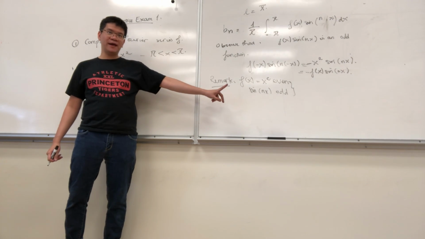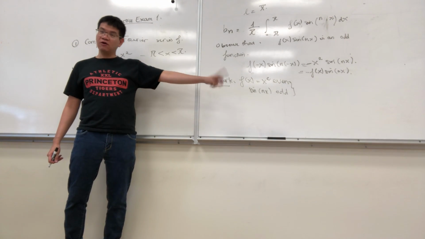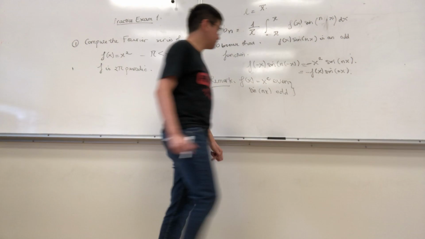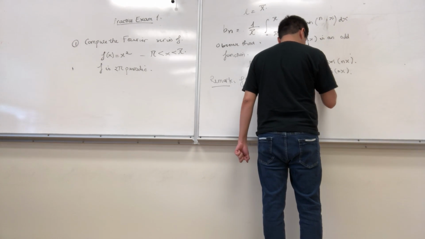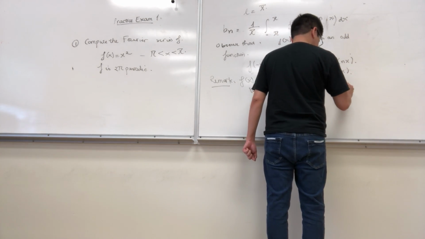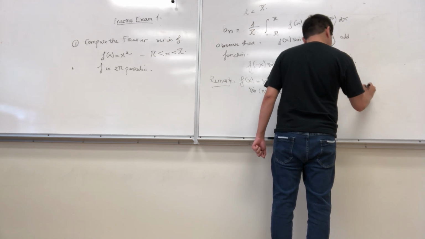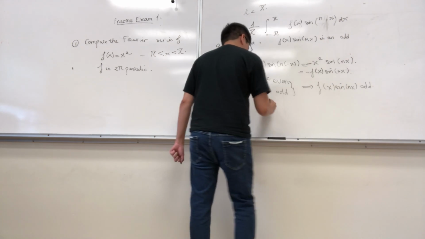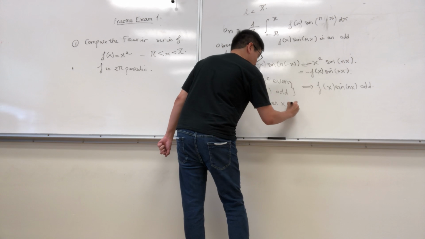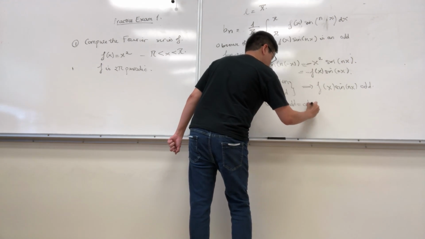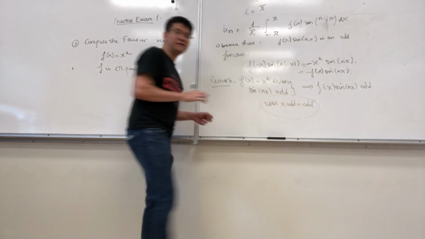So when you multiply an even function and an odd function, you get an odd function. So f(x) times sin(nx) is odd. You have even times odd is equal to odd, right?